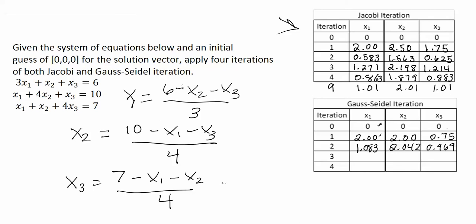Next, I go to iteration 3. 6 minus 2.042 minus 0.969, all divided by 3, gives me an answer of 0.997. Then I apply equation 2. 10 minus 0.997 minus 0.969, all divided by 4, to give me a value of 2.009.